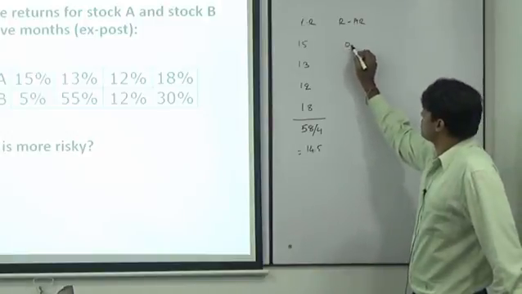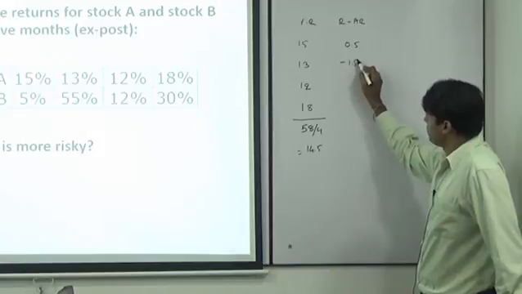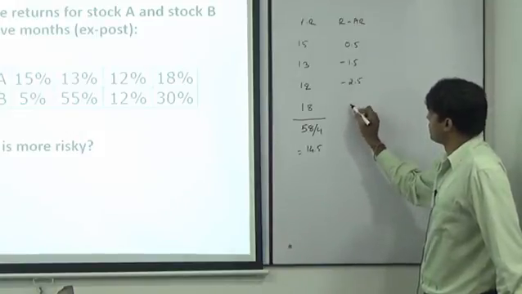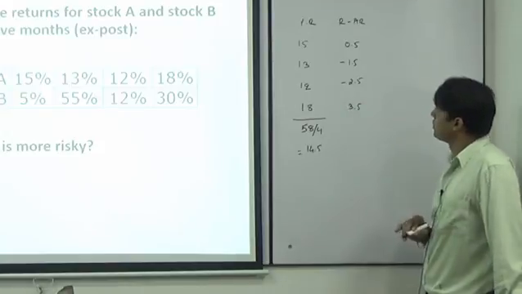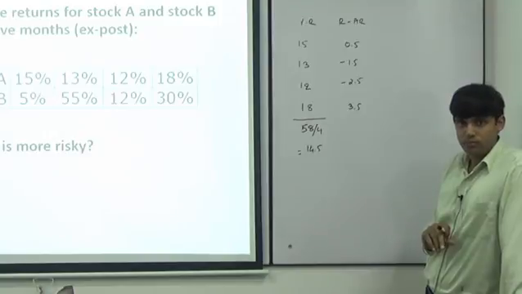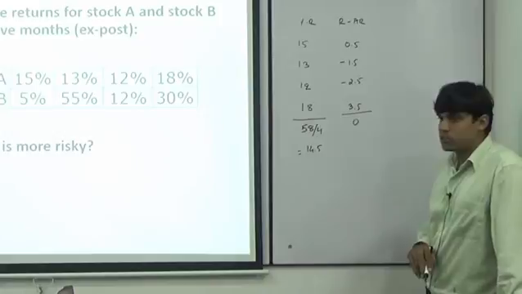So first case में it is 0.5, in the another case it is minus 1.5 if I'm not wrong. Yes, it is minus 2.5 and this is I think 3.5, right? So these are the deviations from the mean level. If I make total of it, it becomes 0.